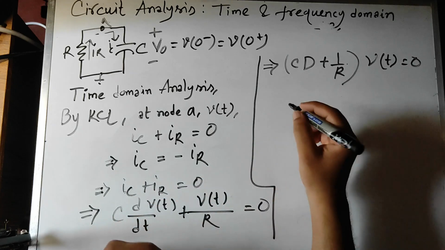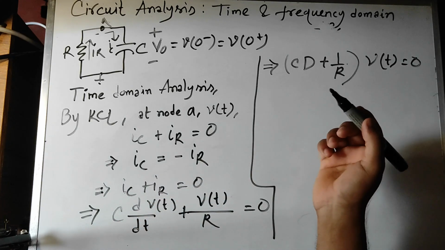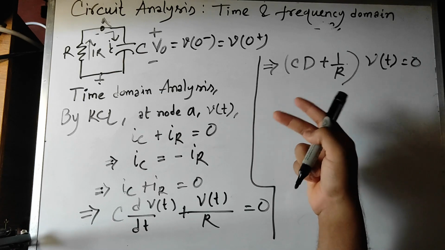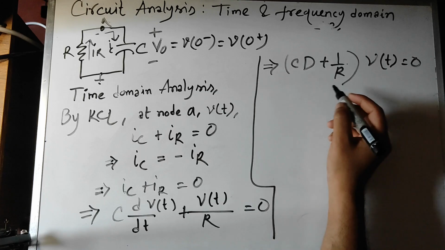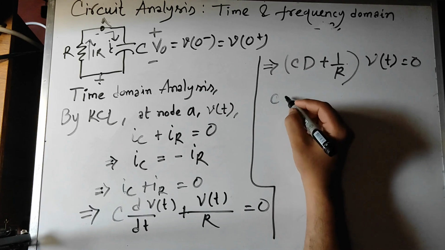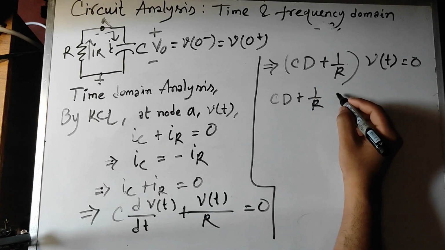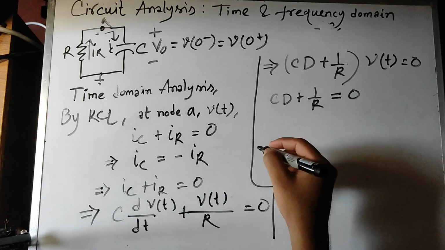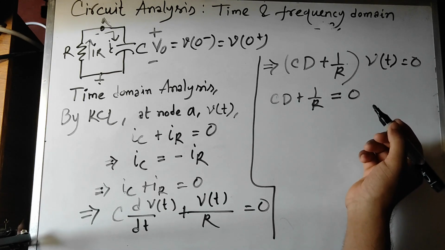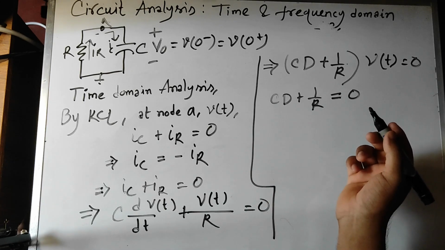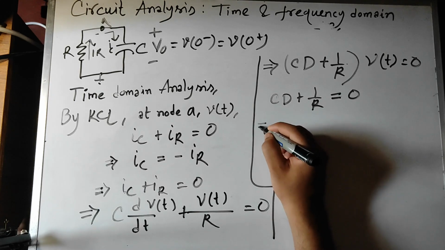Now we know that a differential equation will give two solutions, one complementary and one particular. So here CD plus 1 by R is the characteristic equation, which is 0, which will give us the complementary solution, and from which we can get the transient response.